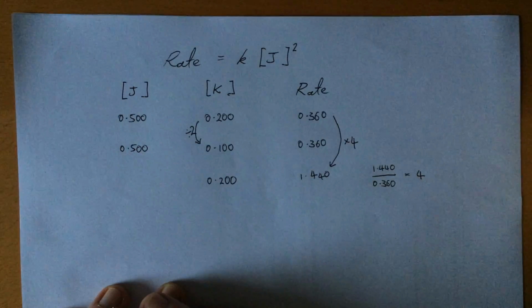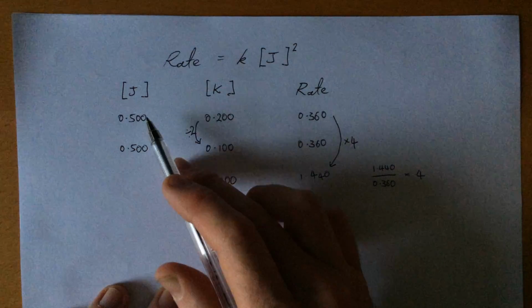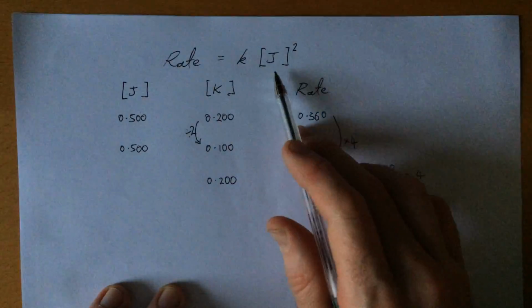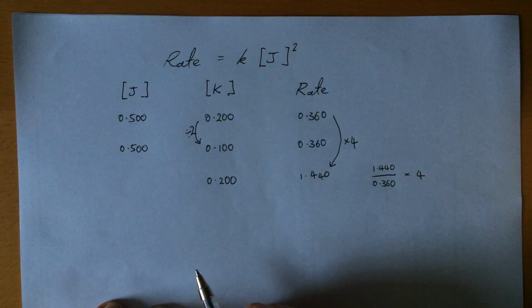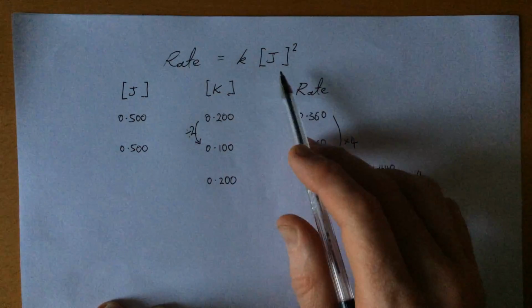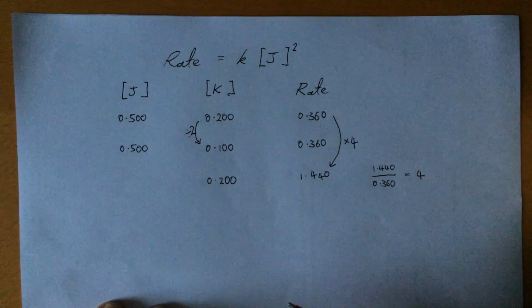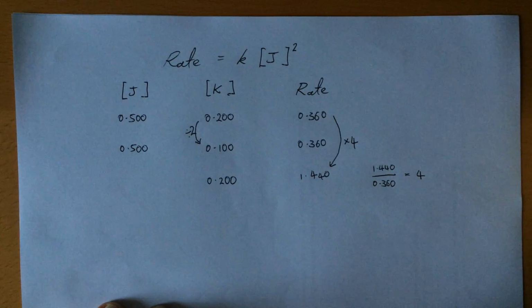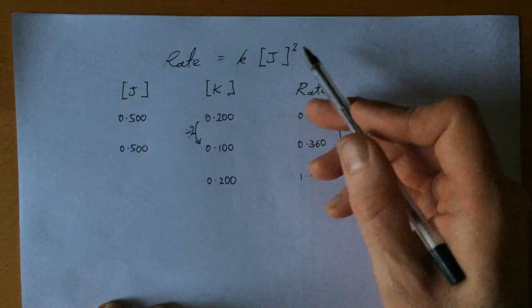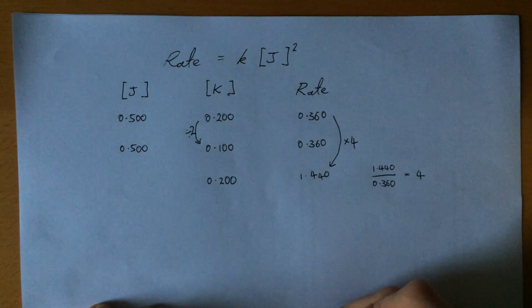So your instinct at this point might be to say, oh, well, J must have been multiplied by 4. But J is second order, which means that the rate is proportional to the concentration of J squared. So the question we need to be asking ourselves is, what effect on the concentration of J squared will give 4?